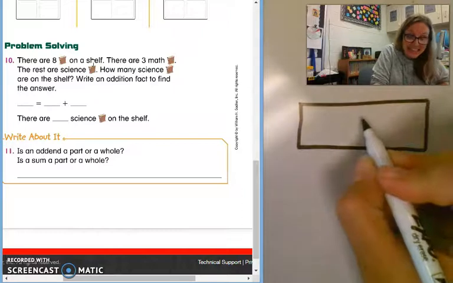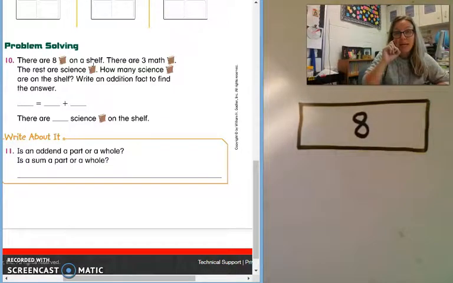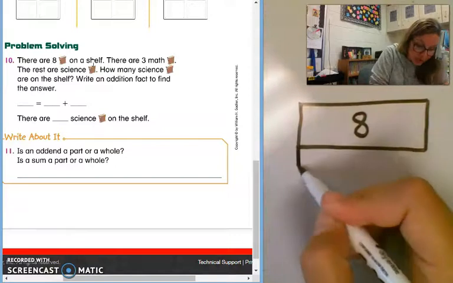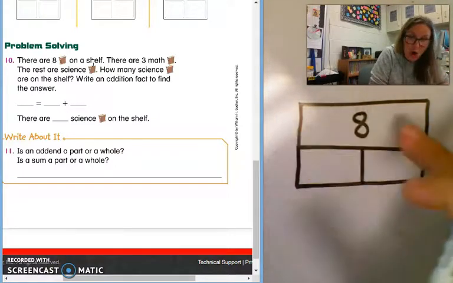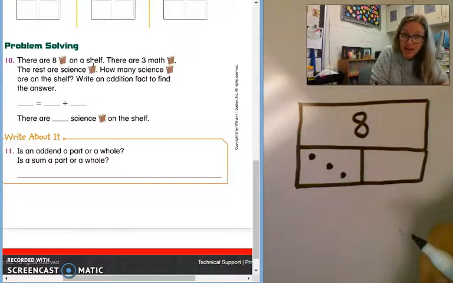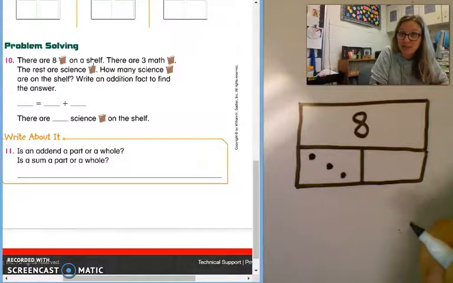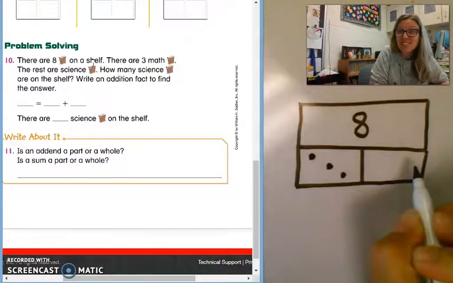And there are 8 books on this shelf. It says there are 3 math books and the rest of the books are science. So if I draw my two parts here, of all 8 books, 1, 2, 3 of them are math books. All the rest, which we'll put over here, are science books.